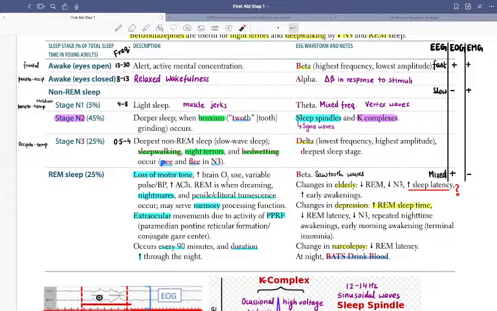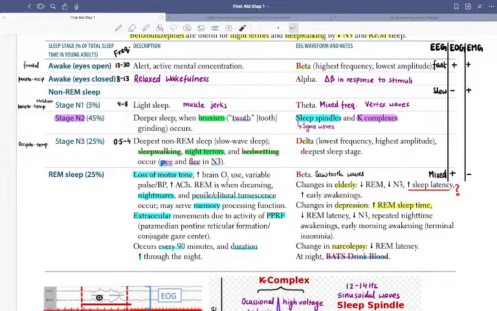Mixed frequency vertex waves, theta. Muscle jerks, theta. Frontal, parieto-occipital, parieto-temporal. Then N2, deeper sleep.